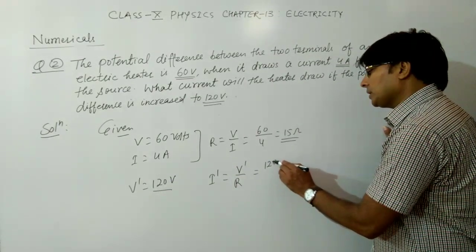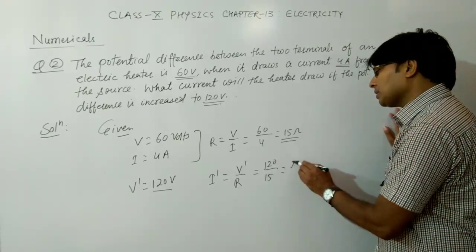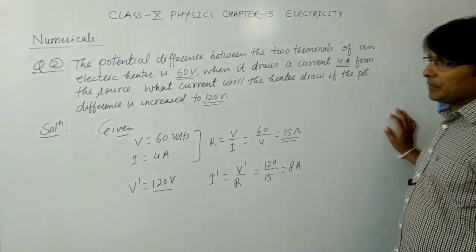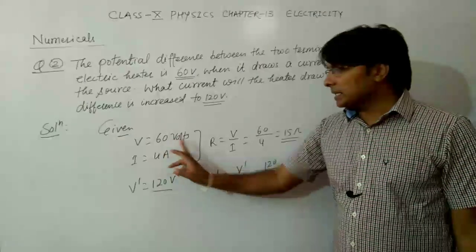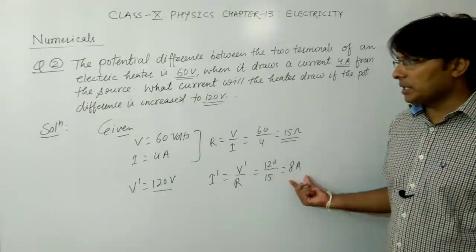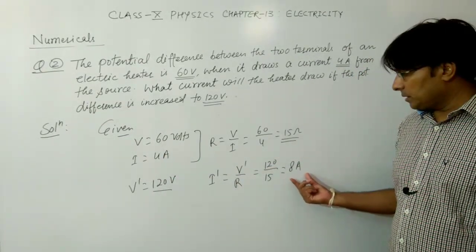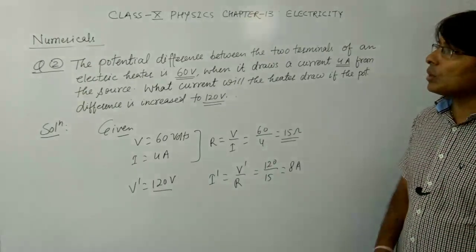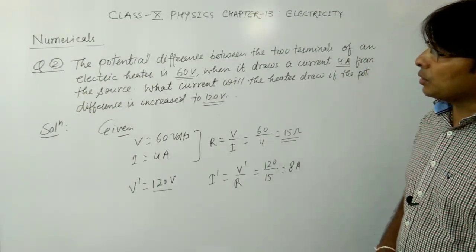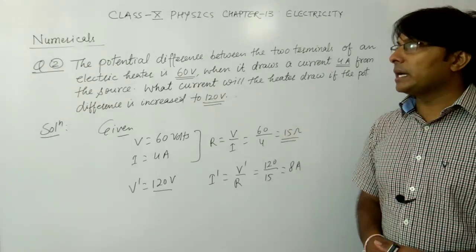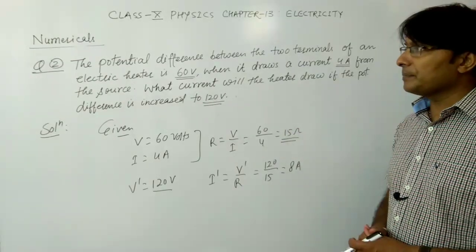So 120 divided by 15 comes out to be 8 ampere. So if the voltage doubles, then the current also doubles. Here you can see, this is the second example of NCERT.